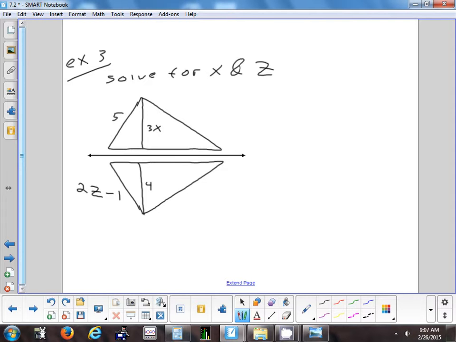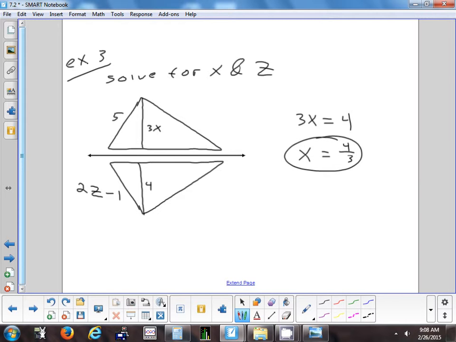You got to use part of what's up above, part of what's below. 3x equals 4. Okay. If this vertical line on the bottom is 4, and this vertical line on the top is 4, it's just a reflection. Okay. So how would I solve for x? Divide each side by 3. We get 4/3.